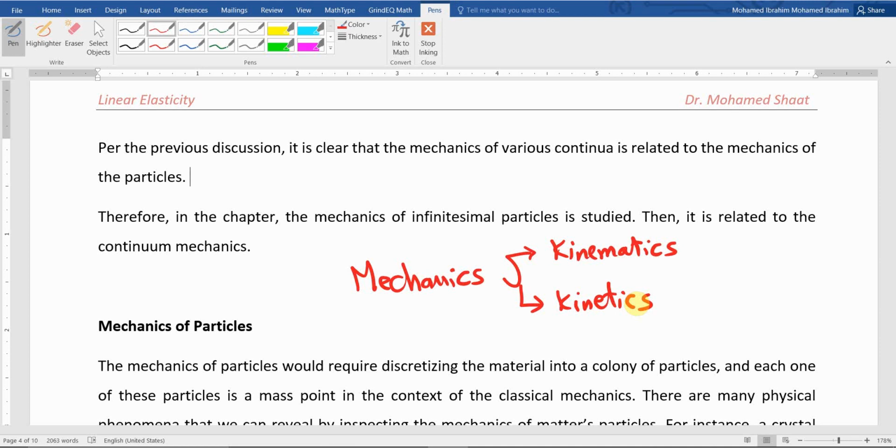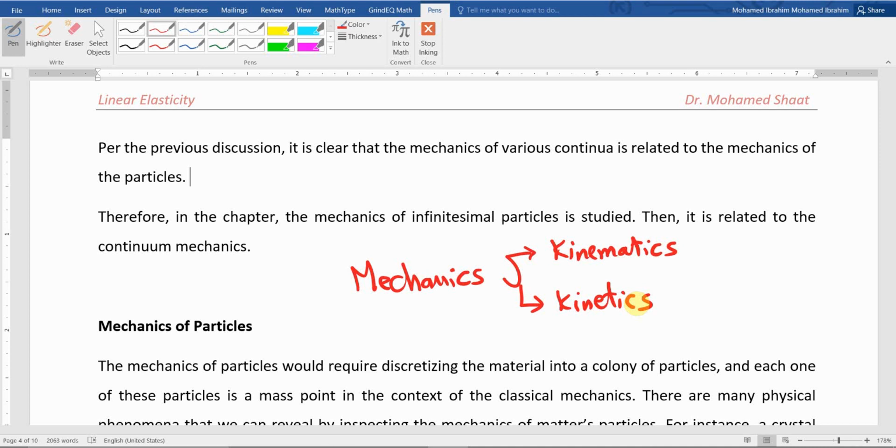For example, in the dynamics class, you study the motion in terms of displacement, velocity, and acceleration. If you remember, at the start of the class we were covering the displacement, the velocity, and the acceleration of objects. And we didn't discuss any forces, any weight, any spring force, any frictional force, right? It means that we are interested in the kinematics. Kinematics is just to fully describe the motion of objects.